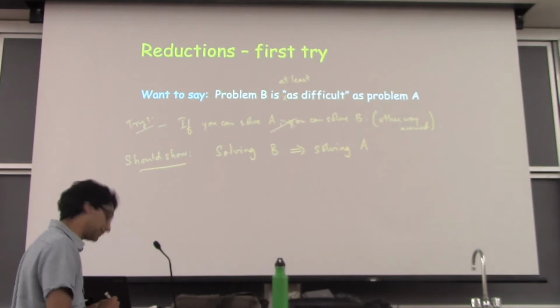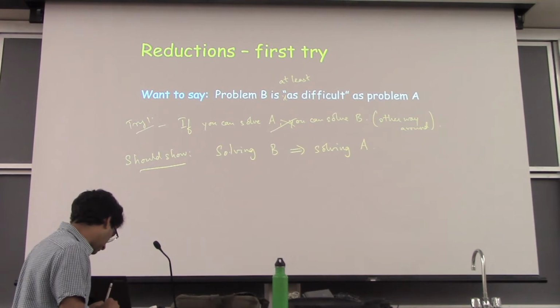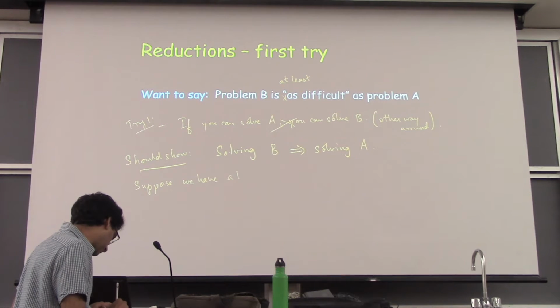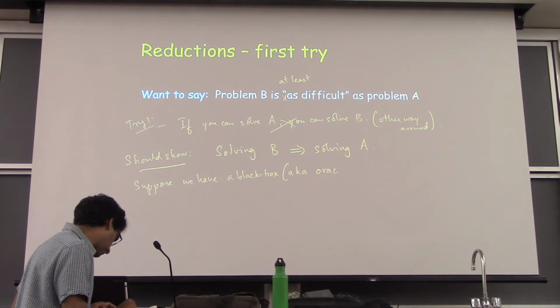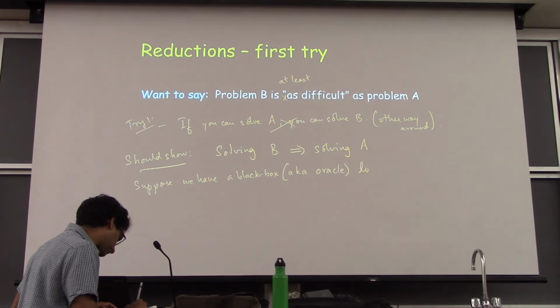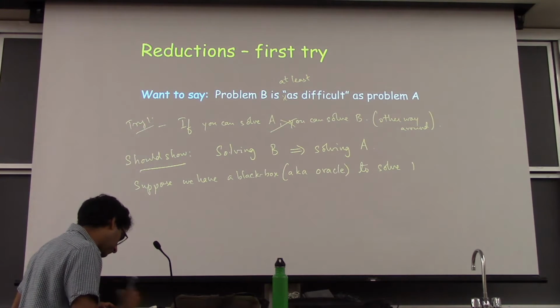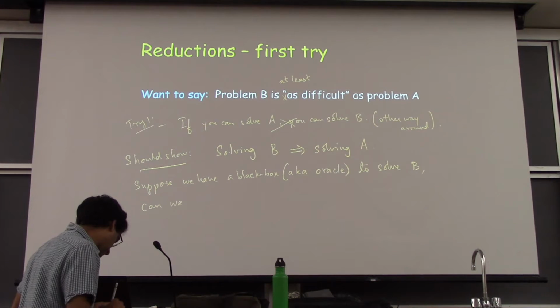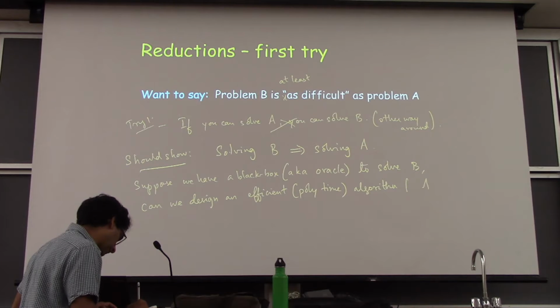So suppose there is a black box, which is also called an oracle. Suppose we have a black box to solve B. Can we design an efficient, that is polytime, algorithm for A?